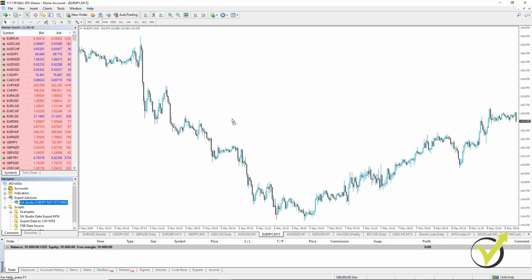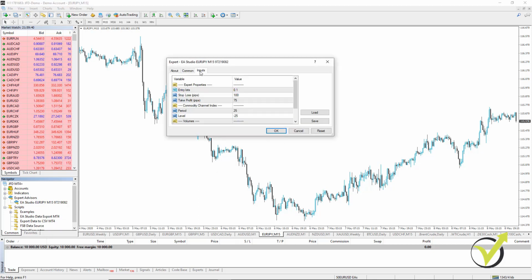Then I will drag it over the chart, and here are all the inputs that we have from the strategy: the stop loss, take profit, the period, the level of the CCI indicator, the volumes, and the magic number, which is a unique number for the strategy, which we use when trading many expert advisors to recognize which ones are profitable and which ones are losing.